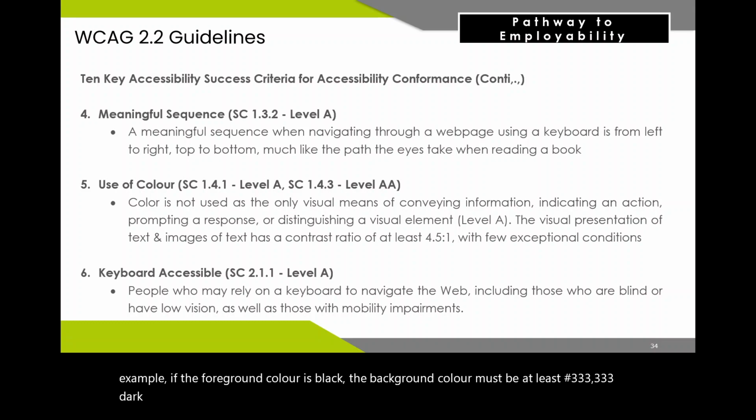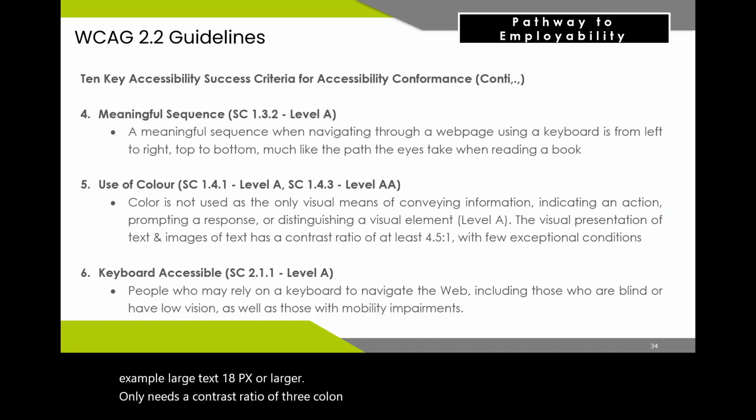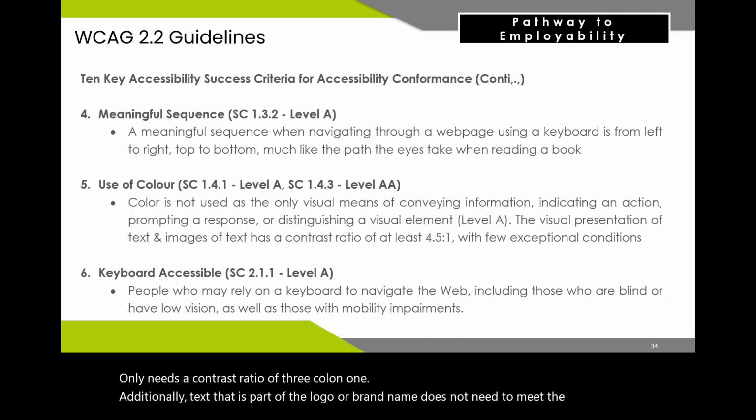There are a few exceptions to the 4.5:1 contrast ratio requirement. For example, large text, 18px or larger, only needs a contrast ratio of 3:1. Additionally, text that is part of a logo or brand name does not need to meet the contrast ratio requirement.